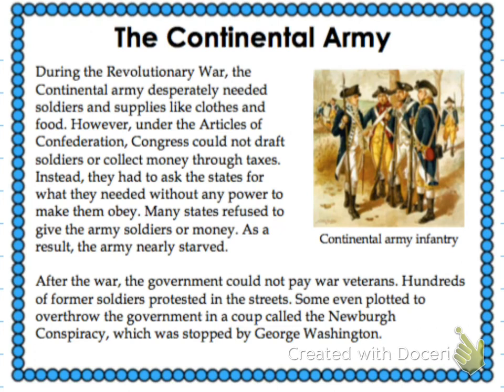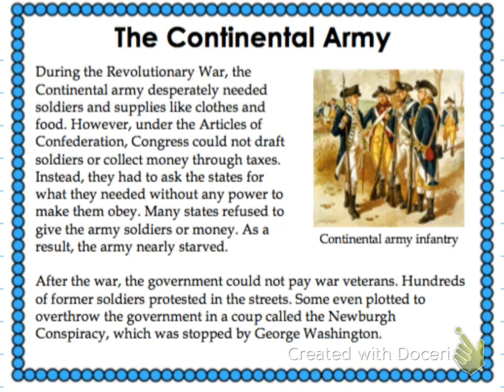However, under the Articles of Confederation, Congress could not draft soldiers or collect money through taxes. We know that from the reading before. Instead, they had to ask the states for what they needed without any power to make them obey. Many states refused to give the army soldiers or money. As a result, the army nearly starved.